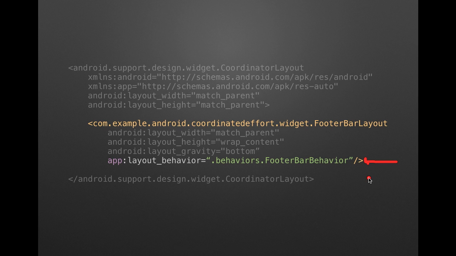Okay, so this is a one-to-one relationship. Every instance of a view in the coordinator layout has a single behavior associated with it, but I can do it in Java code or in my XML layout, whichever suits your purpose. Okay. So that's just the use of the API. That's true whether you're using the existing behaviors or building your own.